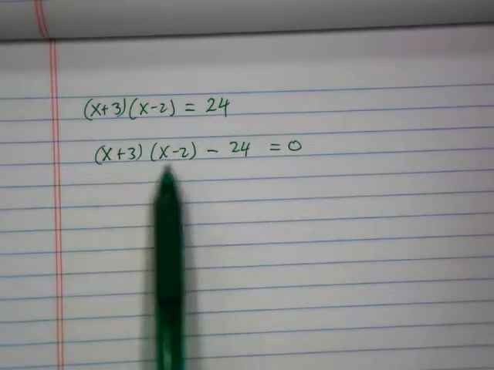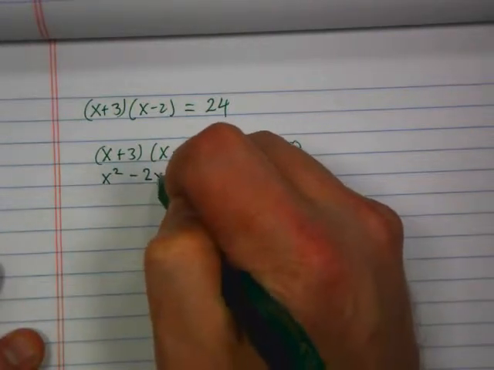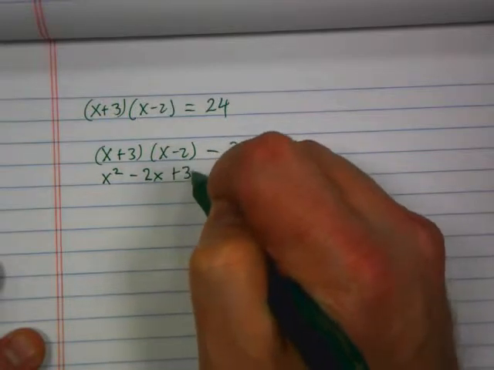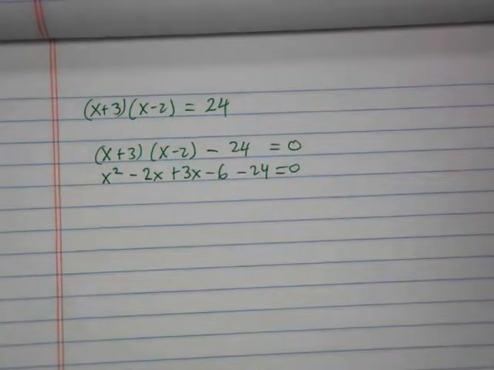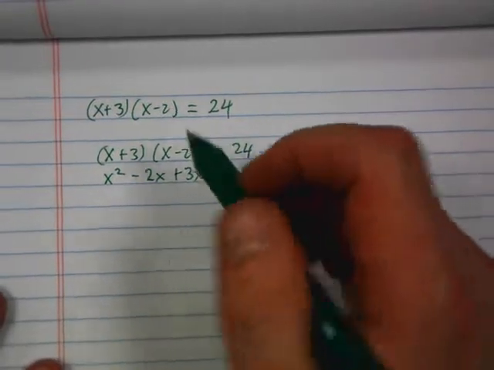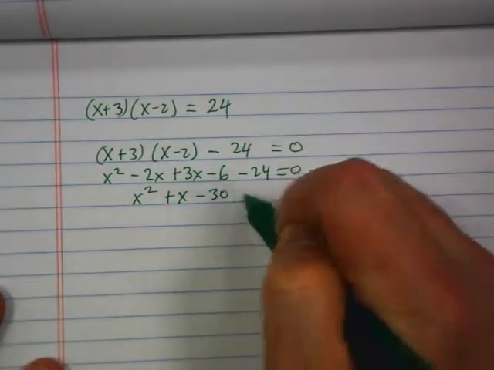So I think you have to multiply these out. When you multiply this out, this is x squared minus 2x plus 3x minus 6 minus 24 equals 0. And then I think you have to combine all your like terms. Combine like terms, I get x squared plus x minus 30 is 0.